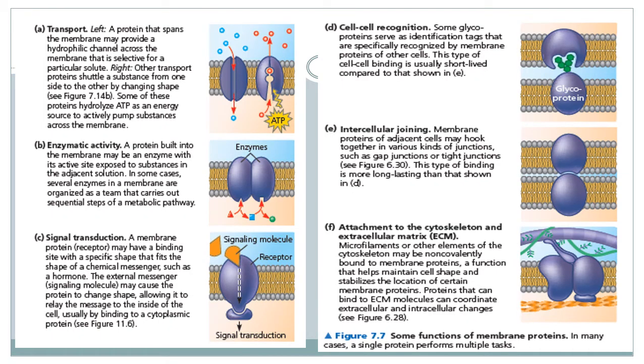Some of the functions of the proteins that are found in the plasma membrane: they help in the transporting of substances, they serve as enzymes, they serve in signal transduction as receptors for certain chemical messengers, and cell recognition, intercellular joining of adjacent cells, and attachment of the cytoskeleton and extracellular matrix.